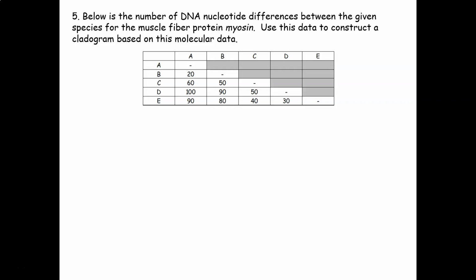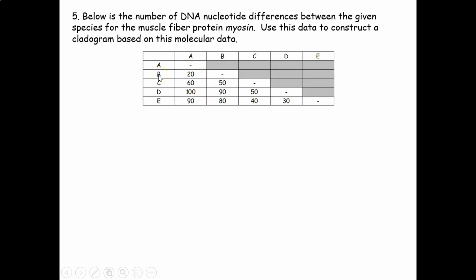So if we take a look at the table, we're comparing one species to another. So across the row versus up the column, where they meet is the number of things that they have that are different from each other. So if you look for comparing species A to species A, there's no number because they're the same species, and thus that would mean that they would have no differences between the two of them because they are the same species.